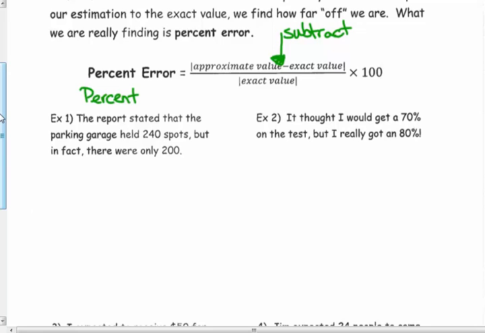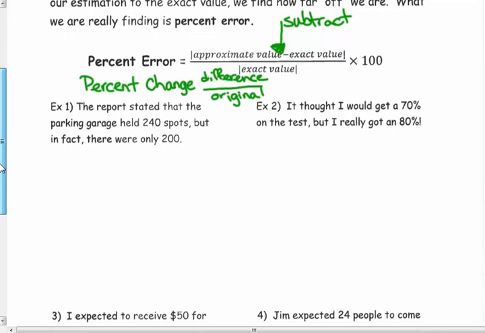So it's kind of like percent of change, where you're going to do a subtraction. Here we do the difference. With percent of change, we did the difference, how things went up or down, over the original. Well, now percent of error, it's the difference: what did we count wrong or measure wrong or estimate wrong, over the exact thing?